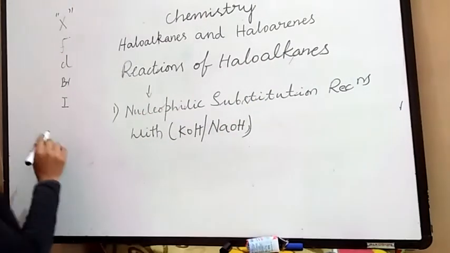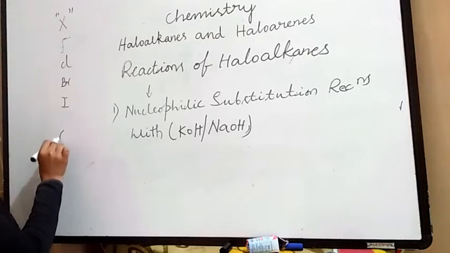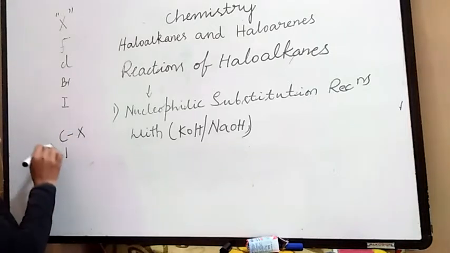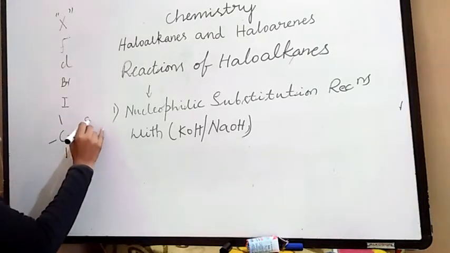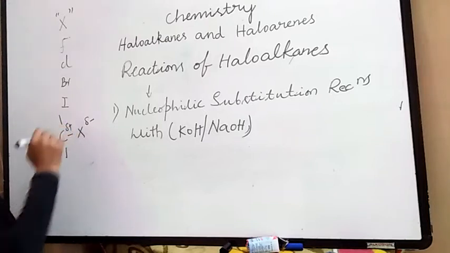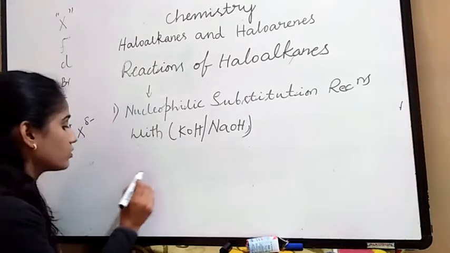I told you the nature of the C-X bond, right? X possesses partial negative charge and carbon possesses partial positive charge.